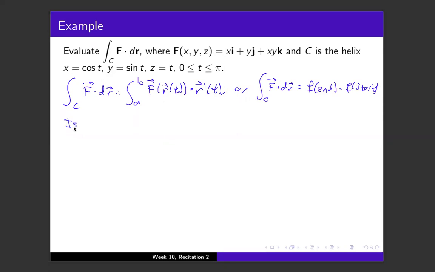So the question that we need to ask is, is our vector field conservative? Well, let's find out. We don't have a test for this in three dimensions, for three-dimensional vector fields, but we can still try to find an anti-gradient.